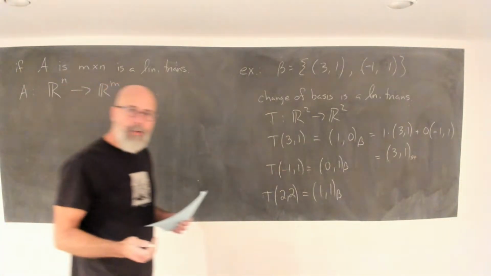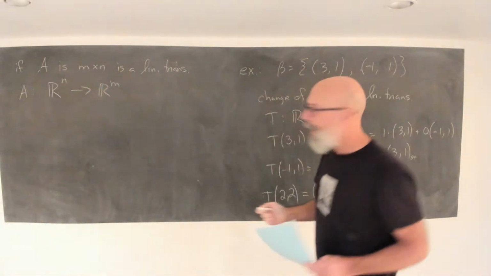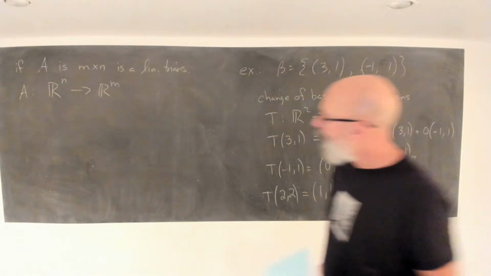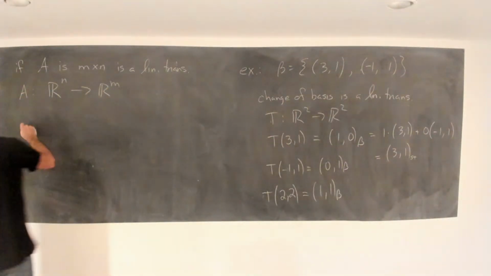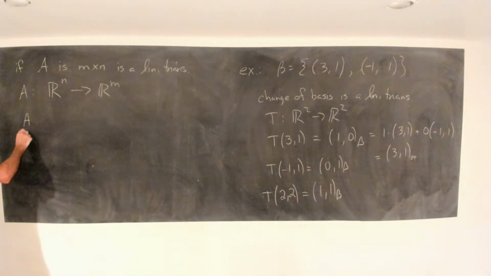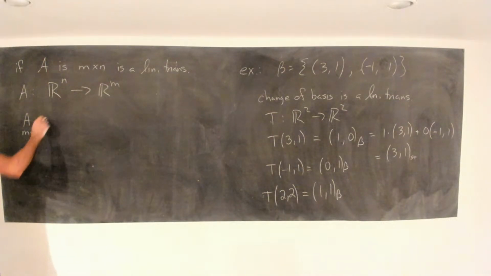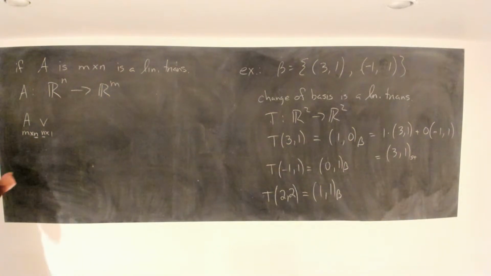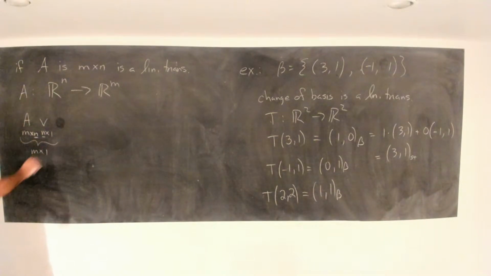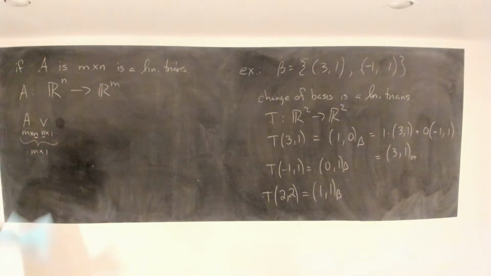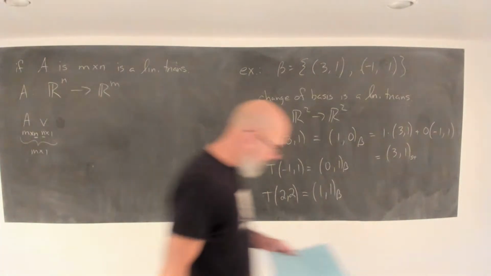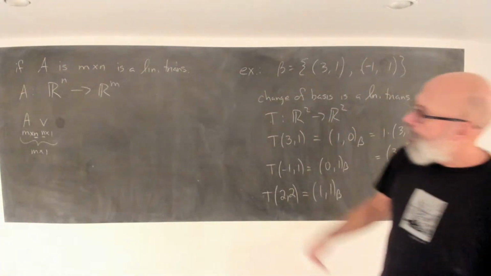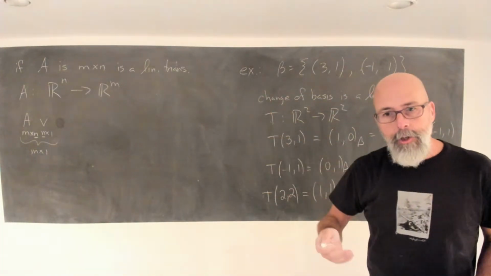Right? It takes vectors in Rn and spits out vectors in Rm. Right, this is m by n. So if you take a vector, which is something by 1, it has to be n. And the answer, viewed as matrix multiplication, is m by 1, so a vector in Rm. In other words, multiplication by a matrix is a linear transformation.